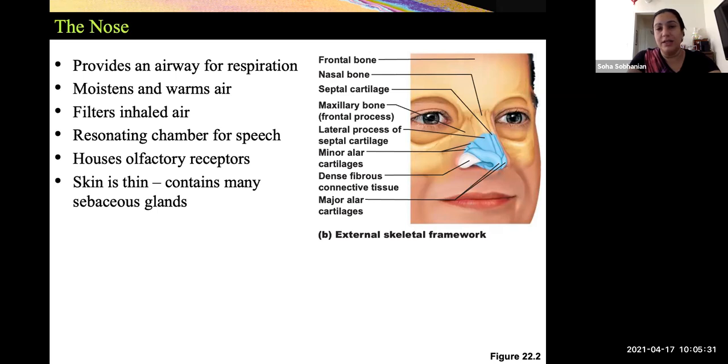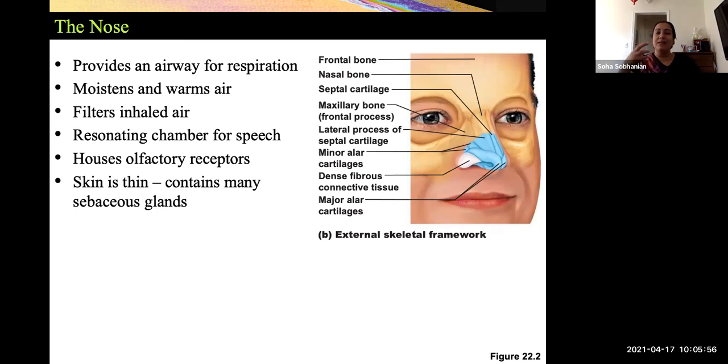And the third function is warming up the air, which is done by the submucosa lining. The submucosa is underneath the mucus lining and rich in blood vessels.